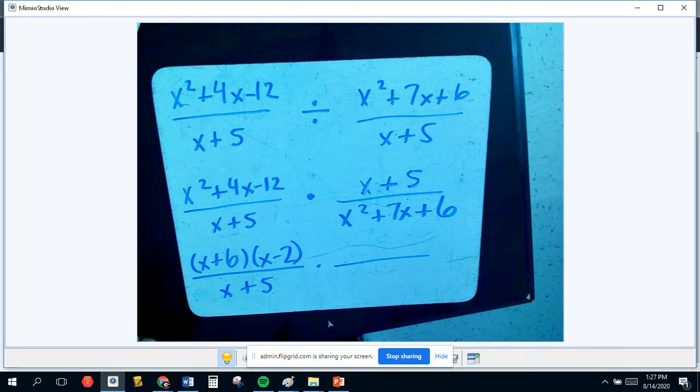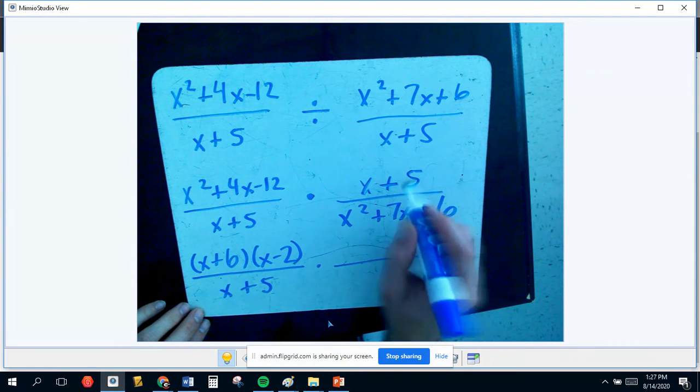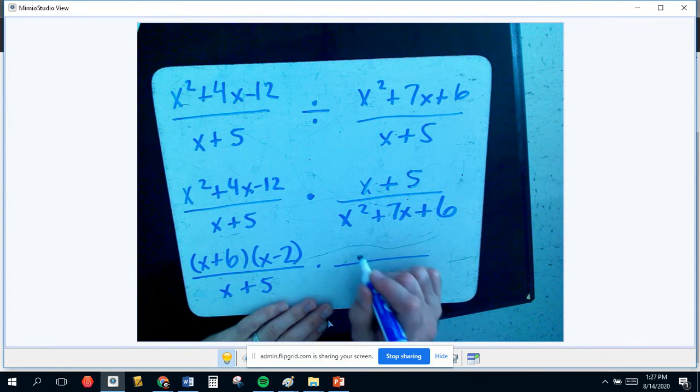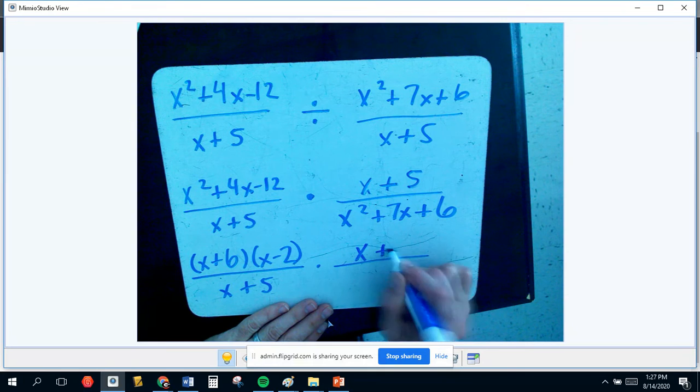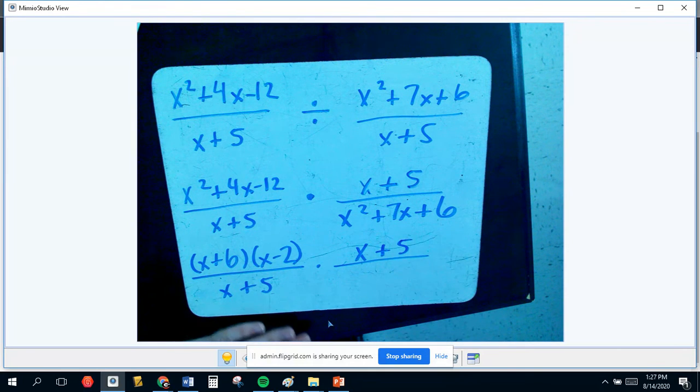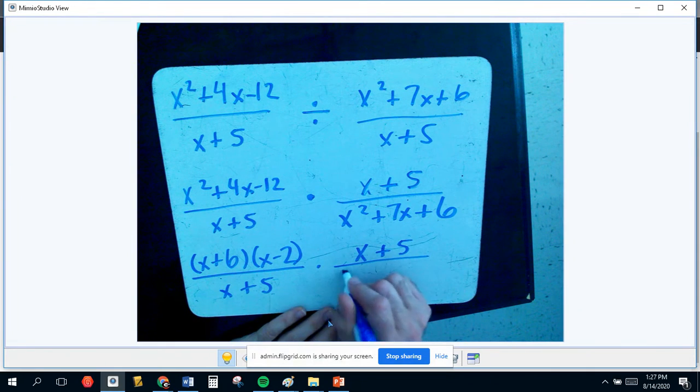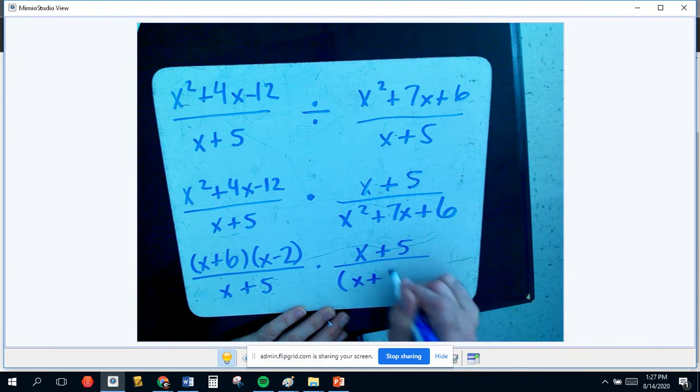But it's x plus 6, x minus 2. Just like the previous problem, the top right won't factor here. That's not always going to be the case. It just happened to be in our two examples. So think about what that factors into. Factors of 6 that make 7. Yeah, 6 and 1.